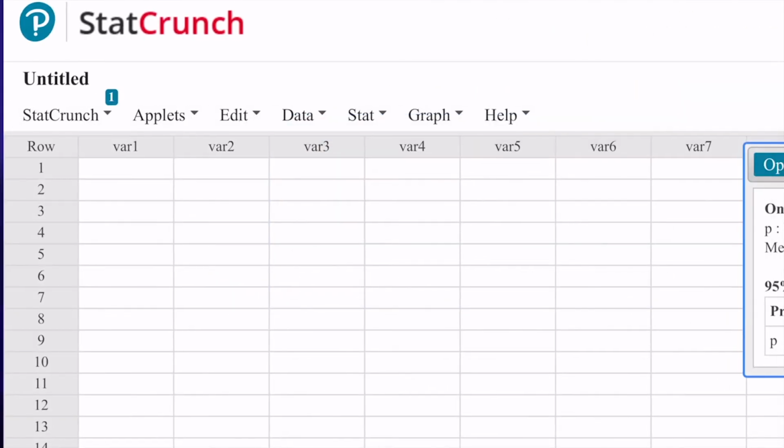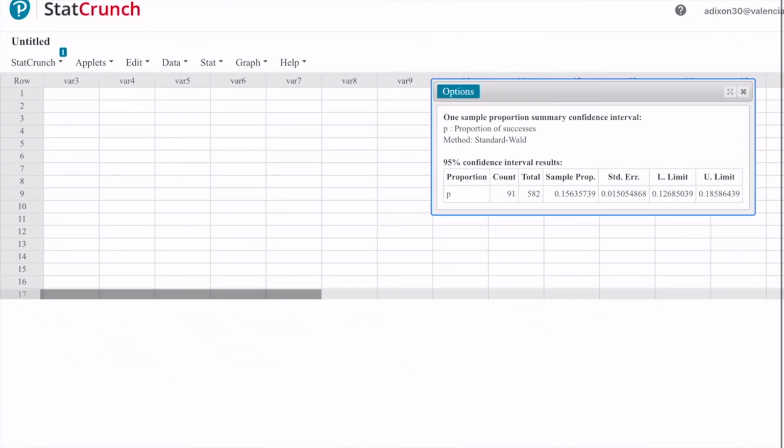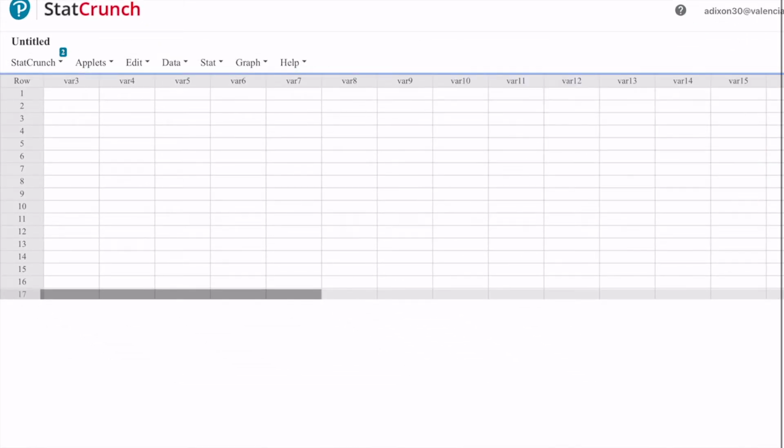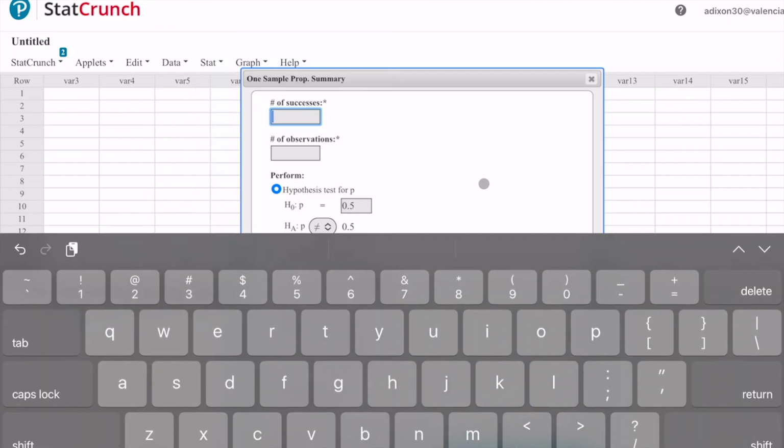Okay, so we're going to go back to StatCrunch. Let me bring my mouse over. All right. So I'm going to go to Stat. We go to Proportion Stats, one sample with Summary.